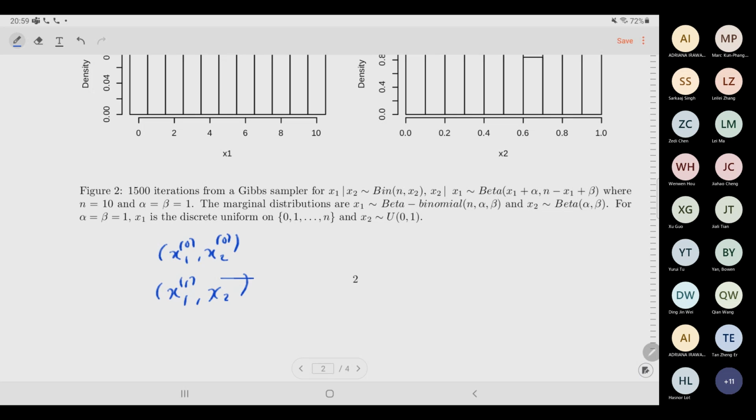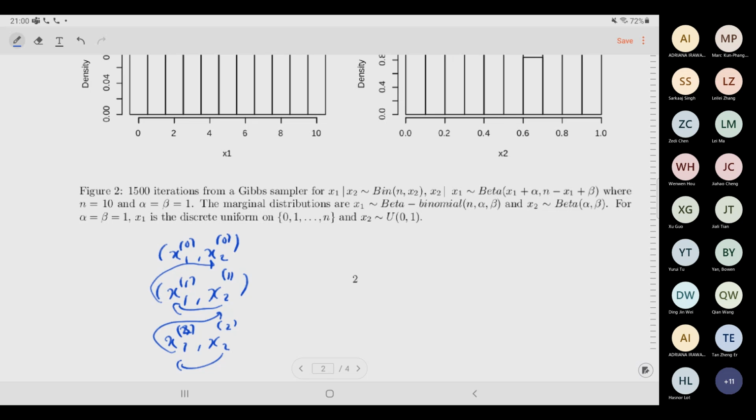But the thing here is x1 at time 1 will depend on x2, right? And x2 at time 1 will depend on x1, like this. Okay, and then you have your x1 and x2 at time 2, right? Then this will depend on your x2 here and this one. Okay, so you can see they are actually not independent, and they depend on the previous value a lot. A lot means they have like a history, right? So x1 depends on x2, but x2 depends on x1.